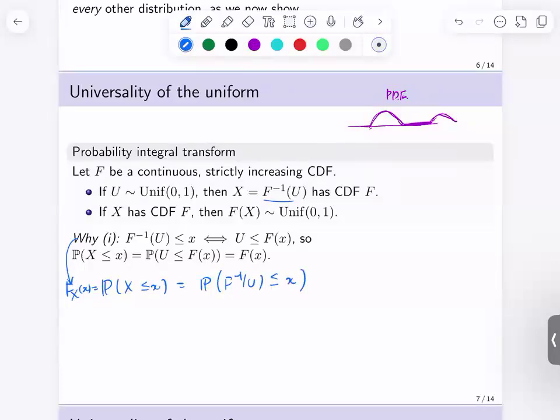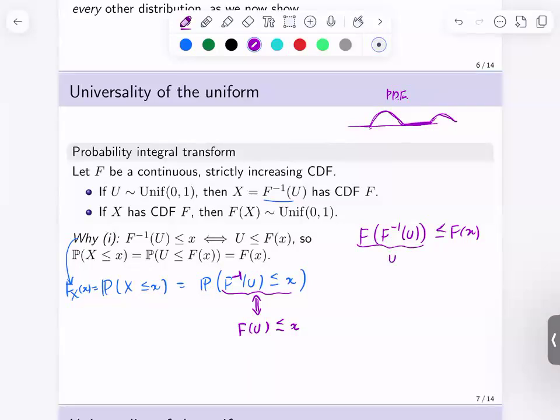This is an event, and this inequality is true if and only if, I can apply F to both sides. And because F is increasing, it doesn't change the inequality. The inequality still goes the same direction.